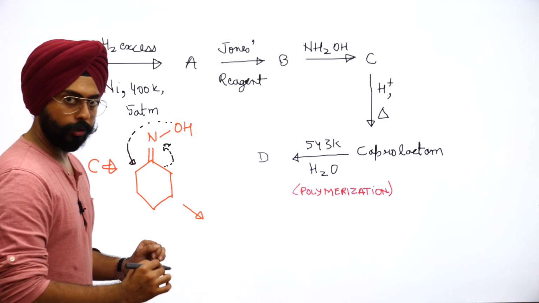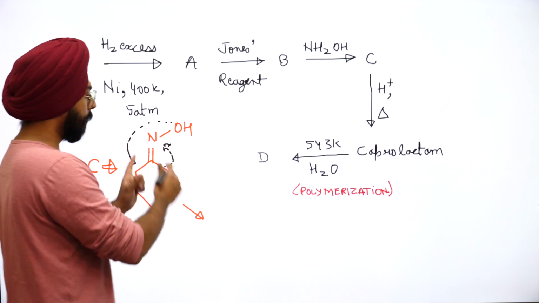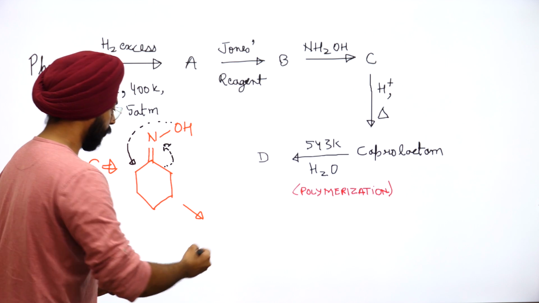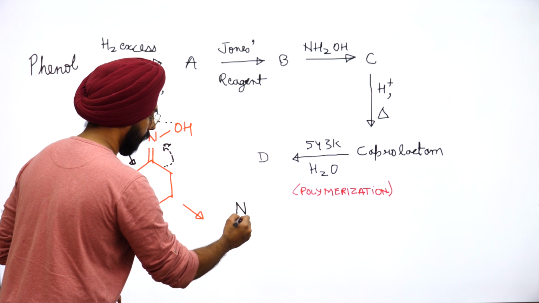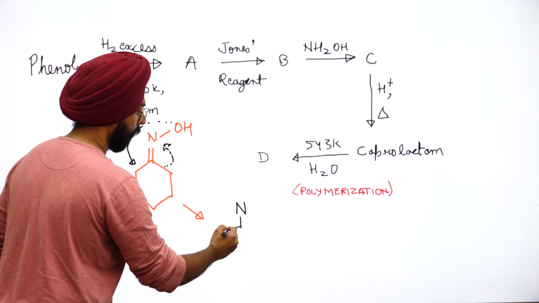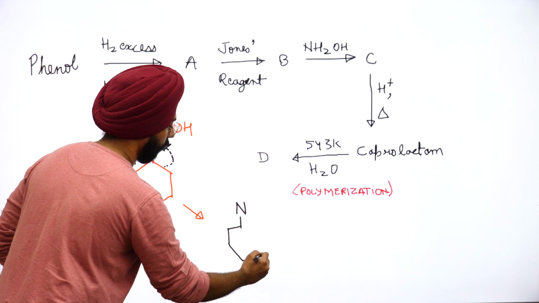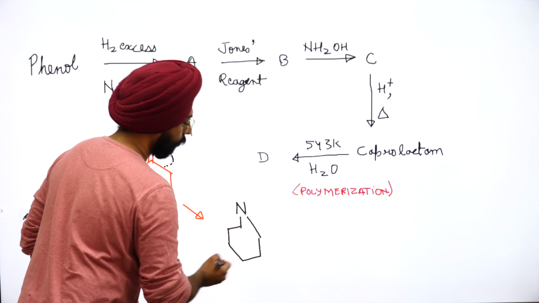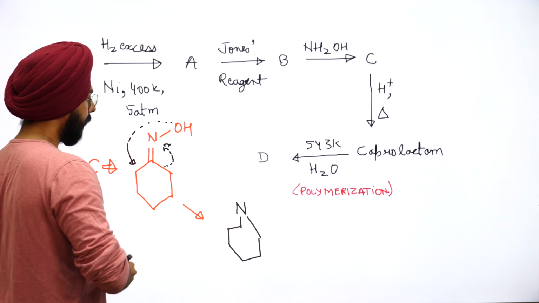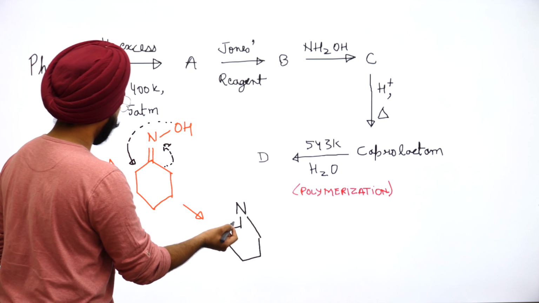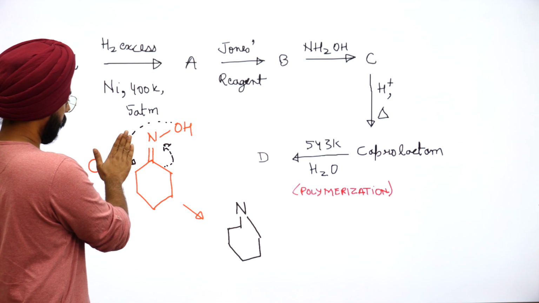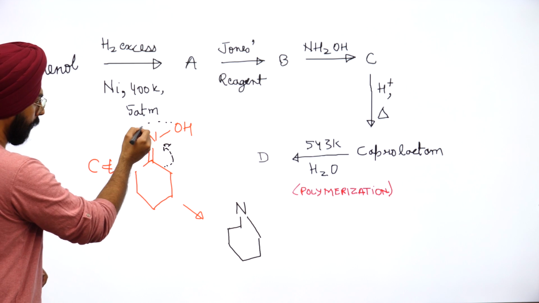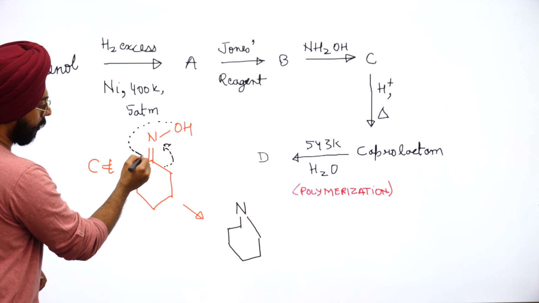तो मैं बनाने की कोशिश करता हूँ क्या बनेगा. Okay, I'll try to make it in a similar fashion first so that it is easier for us to comprehend. Then I'll make the final structure. ठीक है, तो नाइट्रोजन ऐसा रहा. This is the carbon. First carbon, second carbon, third carbon, fourth carbon, fifth carbon, and this carbon is now joined with the nitrogen. ठीक है, and now this OH has migrated, sorry, मैंने ये गलत मार्क कर दिया यहाँ पे, just a second, this is going to migrate to this particular carbon.